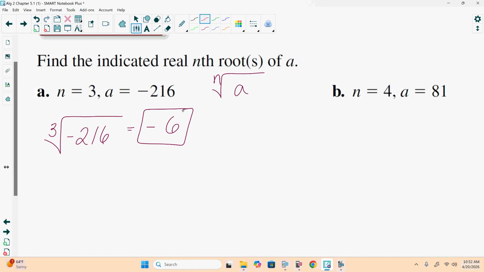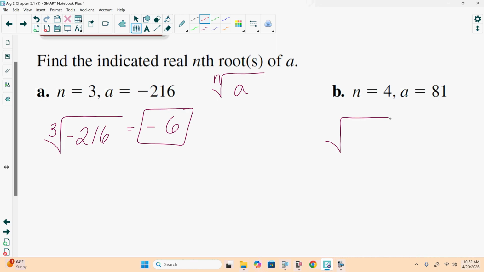So for the first one here, the indicated root, the cubed root of negative 216, is negative 6. Any questions on A before we look at B?